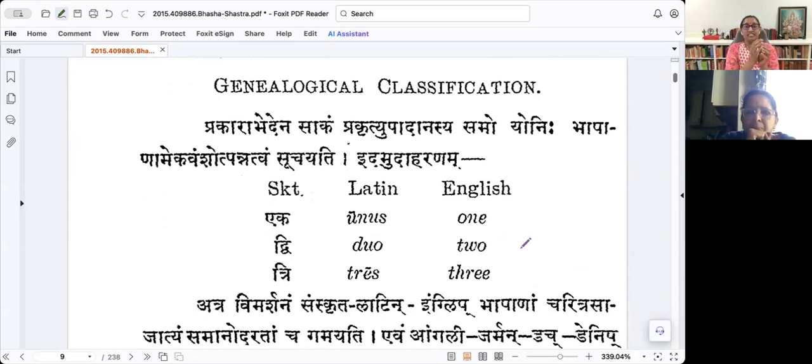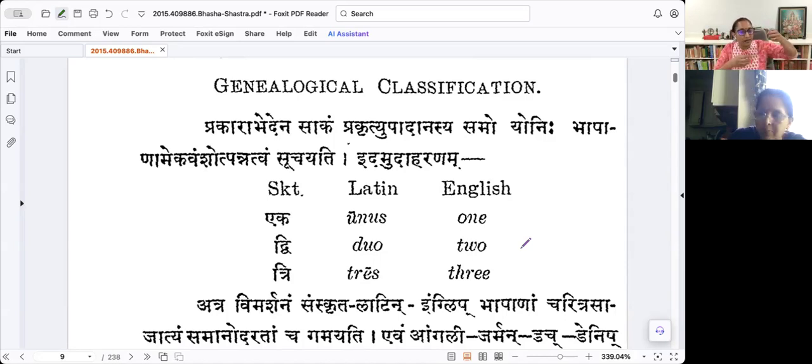There is no difference in the root of the word between one language and another language. Whereas Prakriti Upadanasya Samaha Yonihi, the Prakritis can be different. There can be other differences, but the Prakara is the same. Samaha Yonihi Suchayati. So Bhashanam Ekavamsha Utpannatvam cha Suchayati.